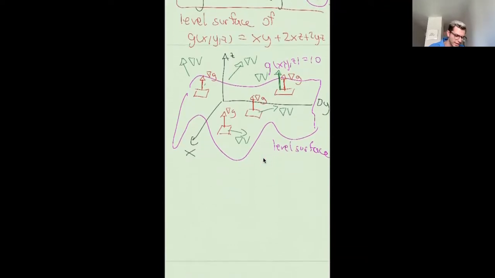So maybe there's a place where the two gradients are parallel.